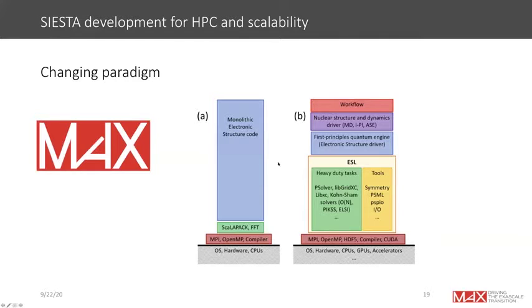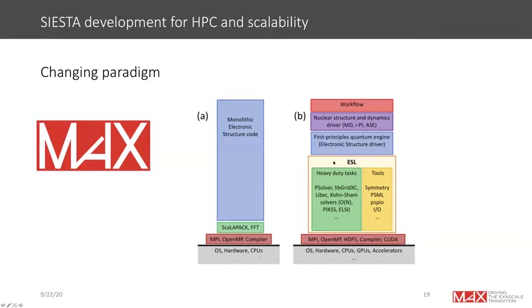If you see this figure on the left, that would be the old way of doing things. You have an electronic structure code, which is monolithic in the sense that the whole code is being delivered as one single unit to be compiled and used, and it is based on relatively very basic and fundamental libraries.